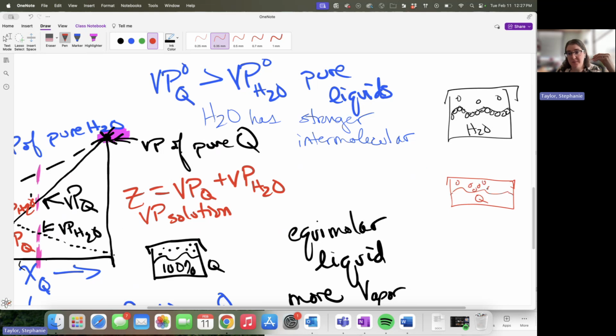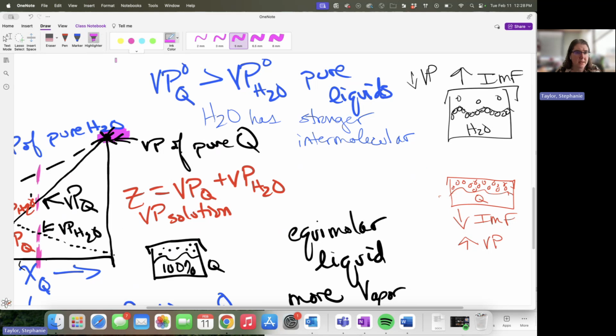So you're going to see a lot of particles in the gas phase in Q, because it's going to have lower intermolecular forces. The water is going to have stronger or higher intermolecular forces, and that is why water actually has the lower vapor pressure. So that was one of the things I wanted to talk about, the fact that those two things are related to each other. The intermolecular forces are the reasons why your vapor pressure is either higher or lower.